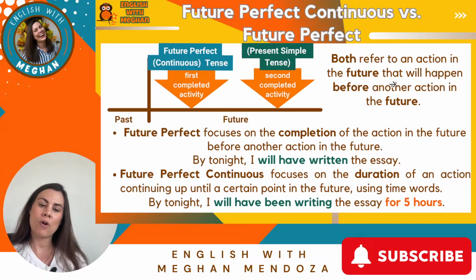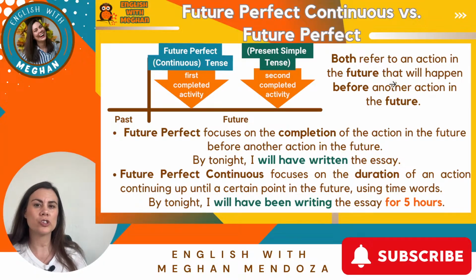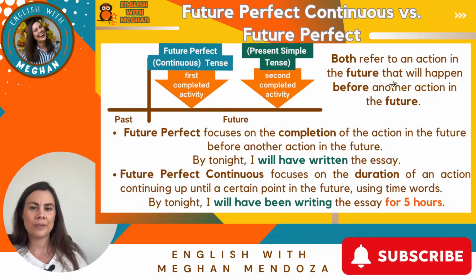For example, by tonight, I will have been writing the essay for 5 hours. Wow. So the essay is not finished yet. I'm still writing. It's tonight. I'm still writing. All right, hopefully finished soon.